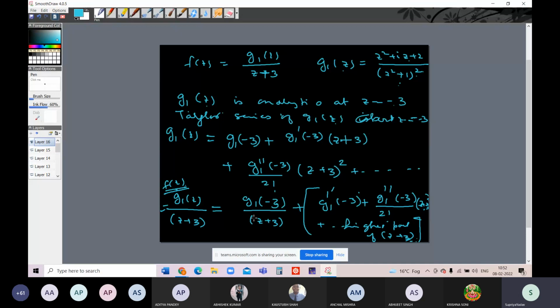Here the power of z plus 3 is 0, here it is 1, and then higher powers like (z plus 3) square, (z plus 3) to power 3 and so on. But the only negative power in this Laurent series about z is equal to minus 3 is z plus 3 to power minus 1.